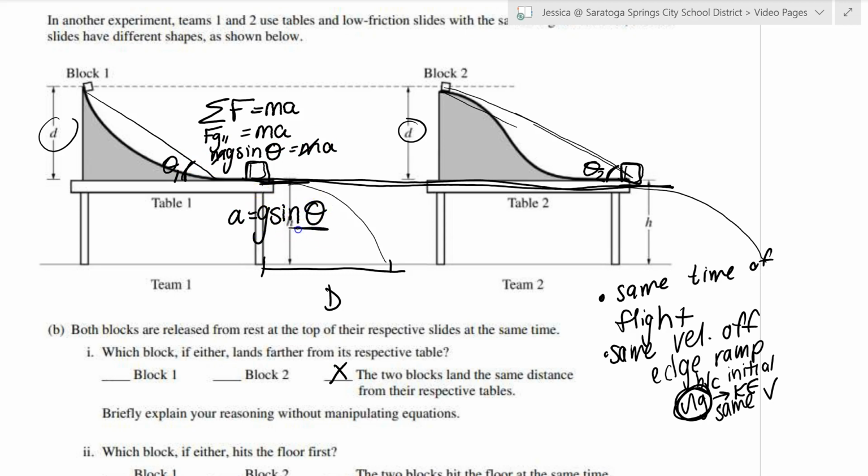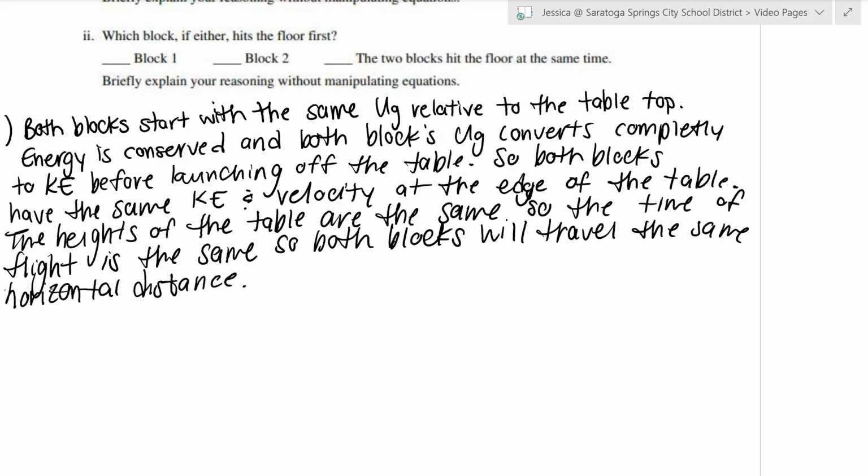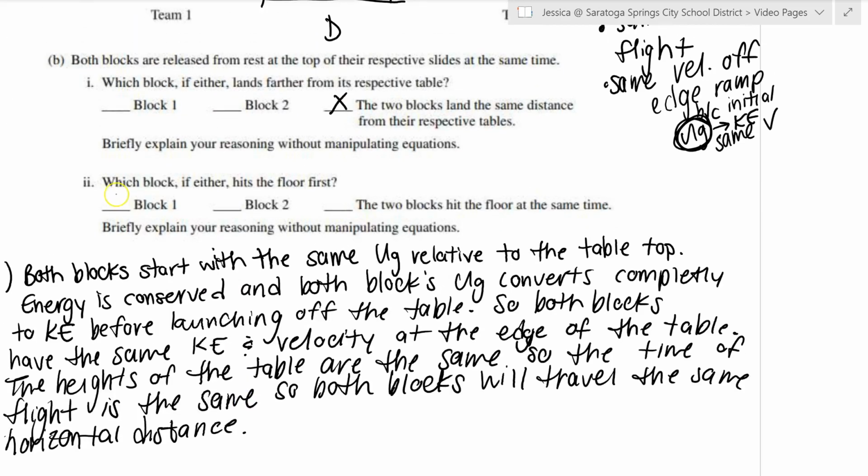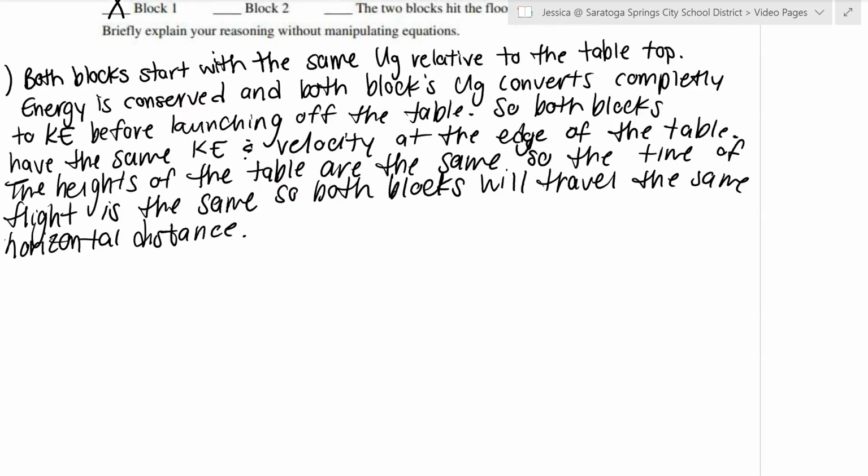The larger the theta, the larger the sine function, which means the larger the acceleration. The larger the acceleration, the less time it takes to get down to the bottom of the incline. And if we have less time to get to the bottom of the incline, then we are going to land first. So block 1 is going to land first.